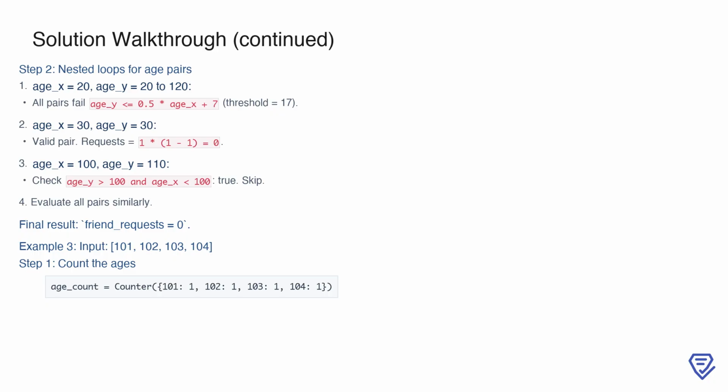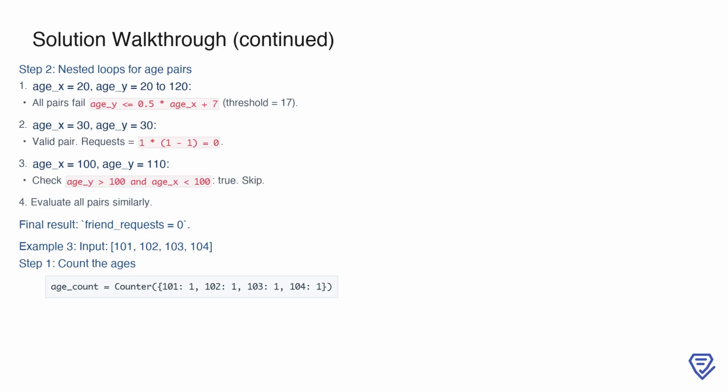However, all pairs fail the condition age_y less than or equal to 0.5 * age_x + 7, since the threshold here is 17. Next, for age_x equals 30 and age_y equals 30, the pair is valid because it satisfies all conditions. However, since there's only one person of age 30, the requests are calculated as 1 * (1 - 1), which equals 0.